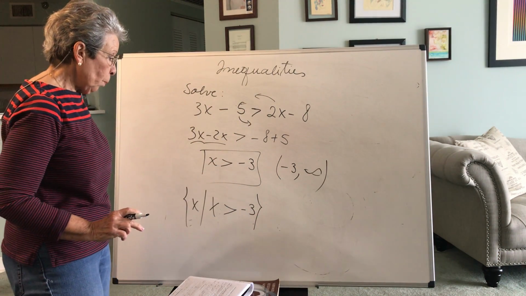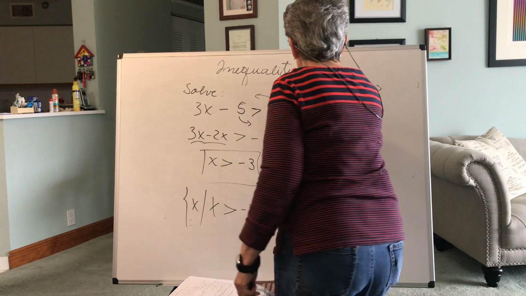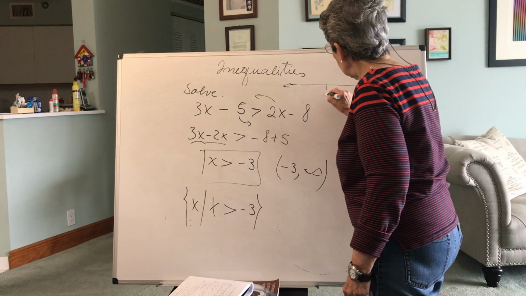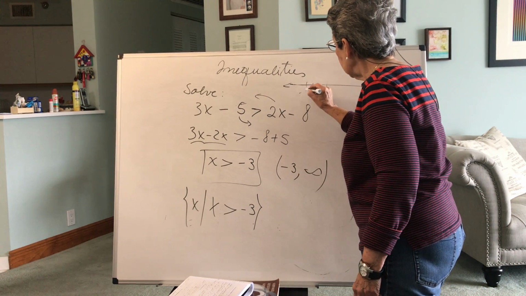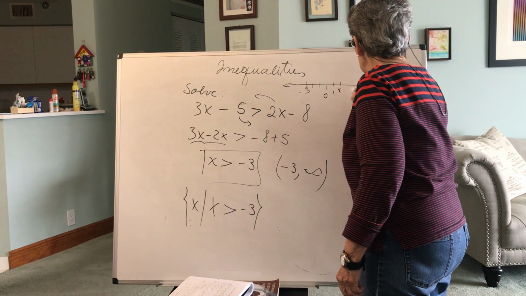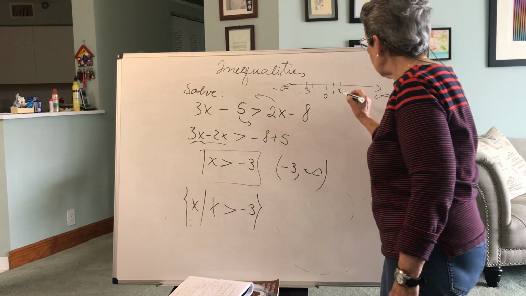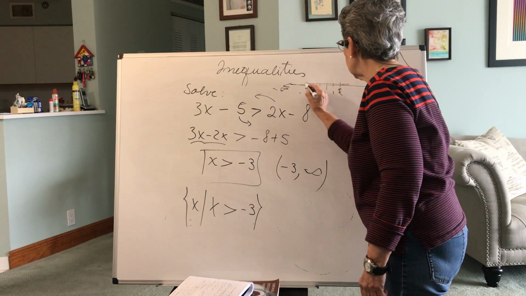Infinity is always open. If you want to graph it, come over here and set up the number line. 0 is in the middle, negative 3 is to the left of 0. This is 1, 2, this is infinity, this is negative infinity, and now you have to shade all the numbers to the right of negative 3, not including negative 3.